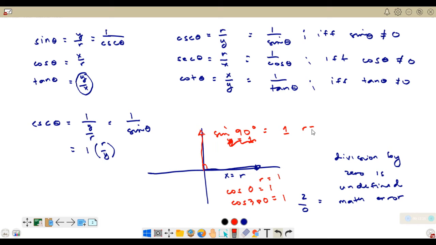And your r will be equal to 1 as well. Ipa-follow lang niya kung ano yung trigonometric function value nung angle kung saan siya, nung quadrant kung saan siya nag-fall. So, kung y siya, edi sine yon. Kung x siya, cosine yon.